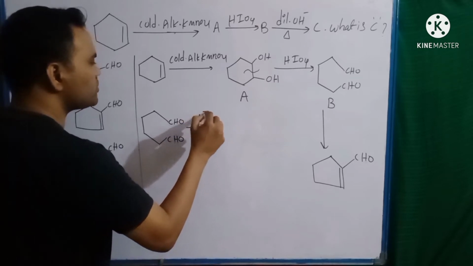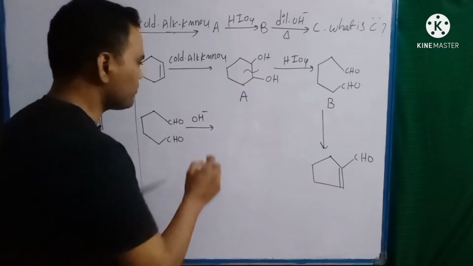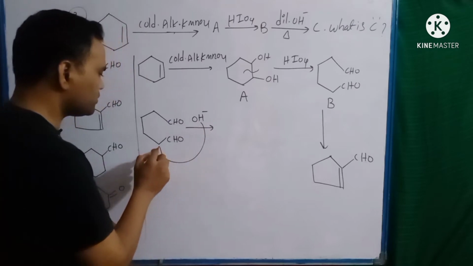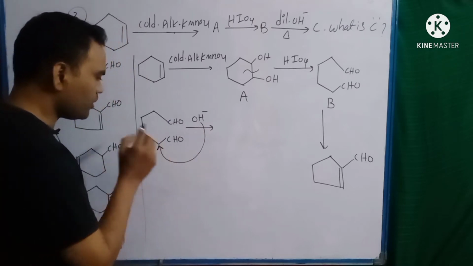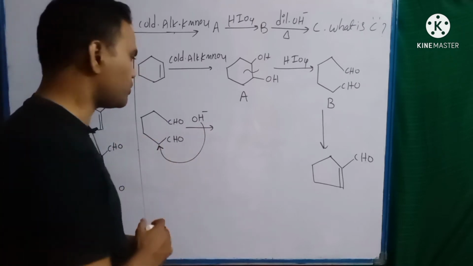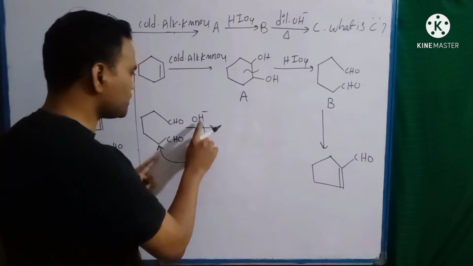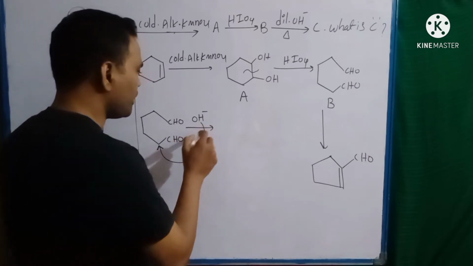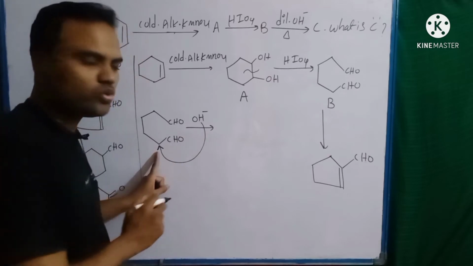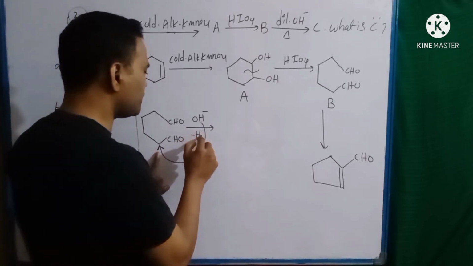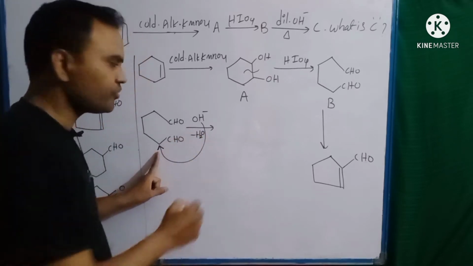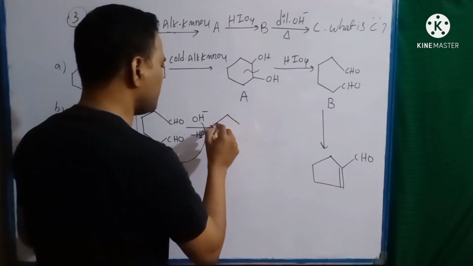In aldol condensation, the first step is attack of OH minus on the alpha carbon which has an alpha hydrogen. Here the alpha hydrogen is captured by OH minus, and H plus is removed as a water molecule. So I am writing minus H2O, which leads to formation of a carbanion.